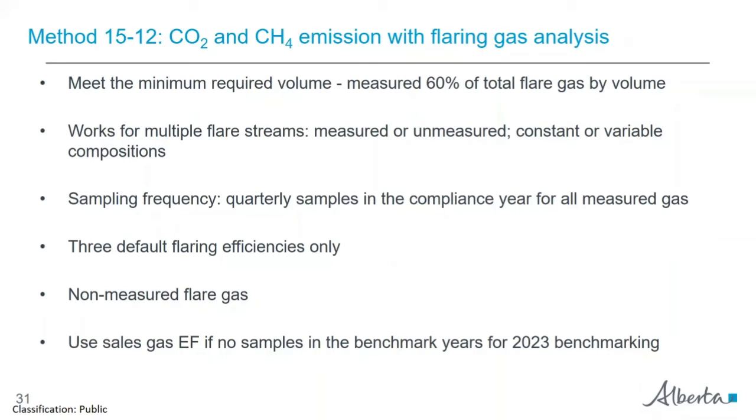Before, we put monthly sampling for waste gas flare streams, but it may have been confusing, and we got lots of feedback and comments on this requirement. In the final version, we put the frequency for all measured gas as quarterly samples.